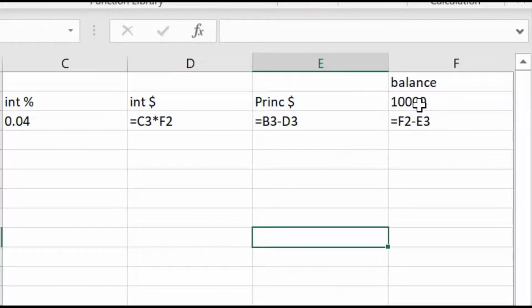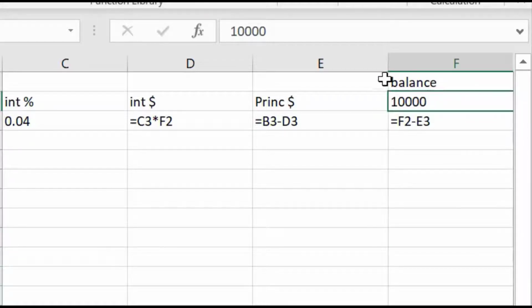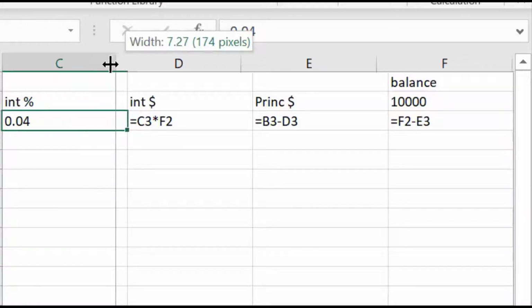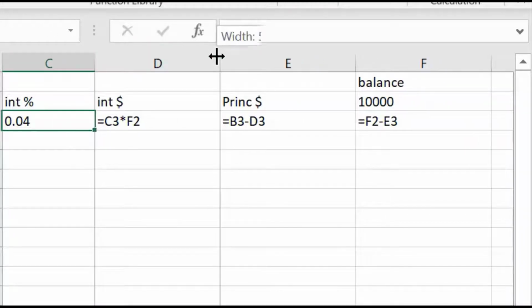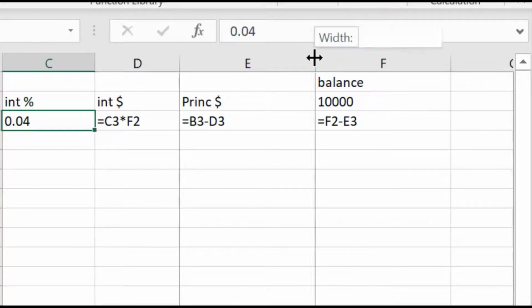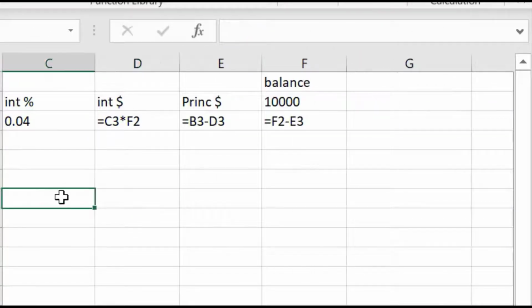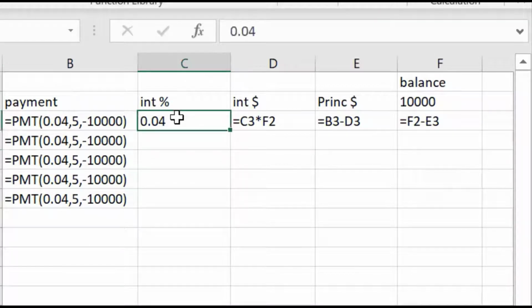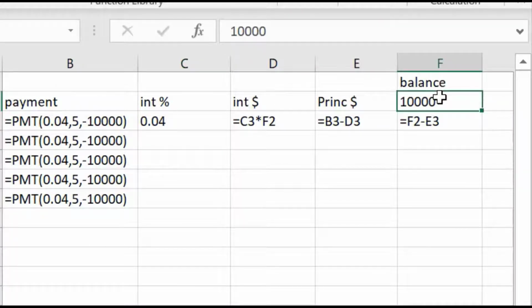We see that we have the balance here, which is $10,000. We've put that in, and the interest rate here is 4%. I'm going to move these cells over a little bit so we can also see our payment. Again, we put in this interest percentage and this balance. We figure out our interest by taking our balance and multiplying it by our interest percentage.